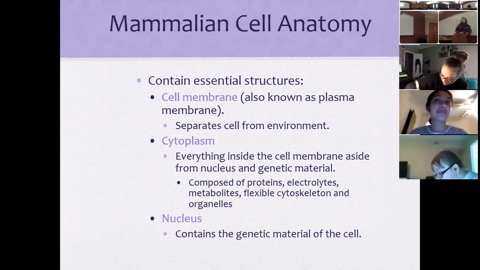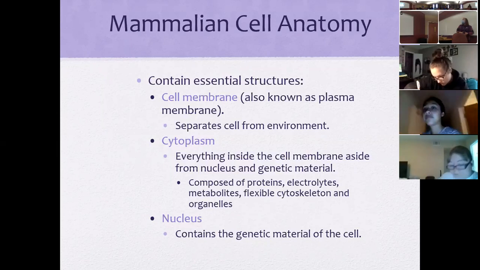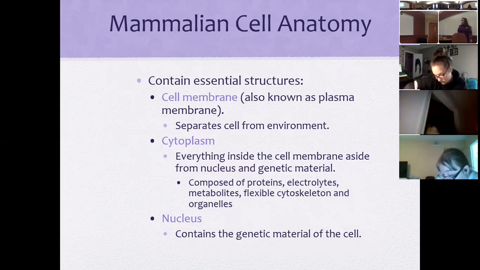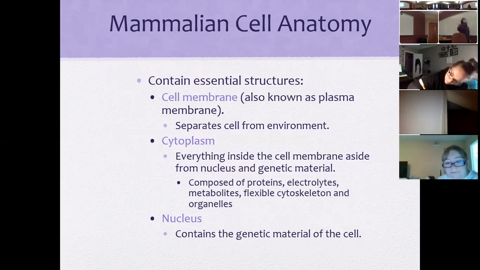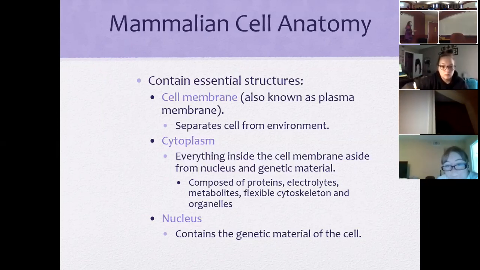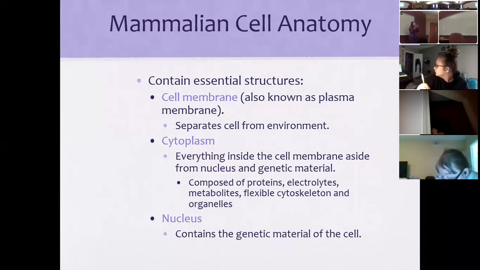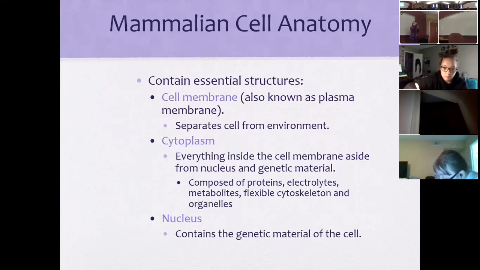My skin keeps all of my internal organs on the inside of my body, but it also separates me from the environment. But it also allows certain selective things to pass back and forth through it. That's exactly what's happening with our cell membrane. It helps to keep all of the cell guts on the inside, separates it from the environment, and regulates what is moving in and out of the cell.